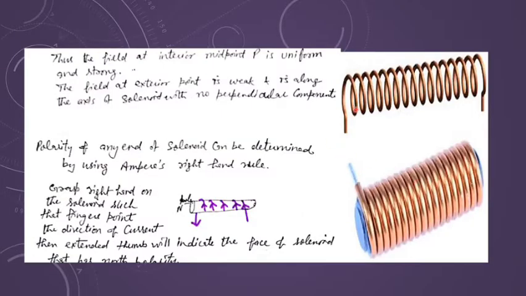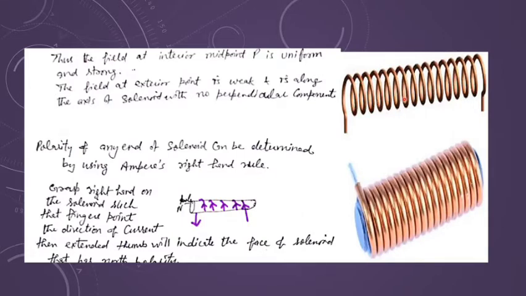For that, of course, in the center the magnetic field is uniform and strong. But if you take some point outside, at an exterior point, there is no magnetic field over there. The magnetic field is there in between, inside the solenoid, where you make the electric current pass through these coils.